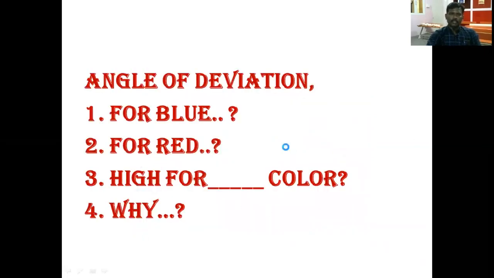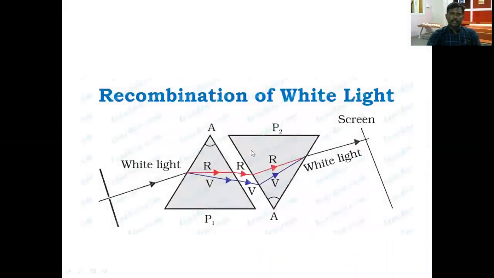So I discussed all these points. And this is the recombination of white light. The white light is dispersed into several colors, and those dispersed colors can be recombined to form white light. So we can focus white light on the screen with the help of the concept of recombination. Here you note one thing.